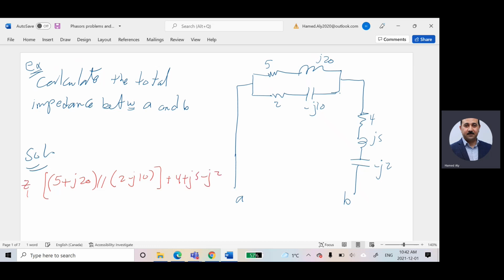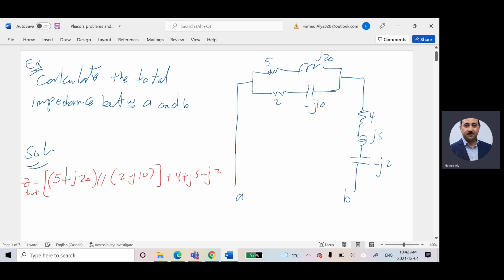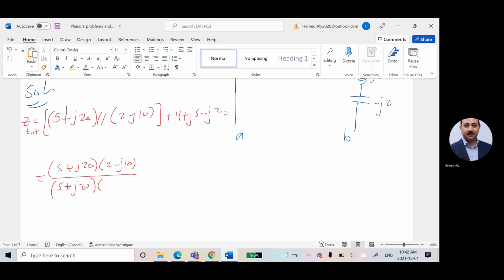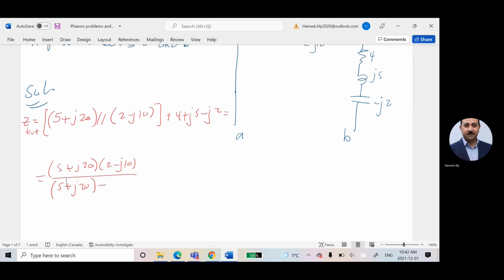This is the total. So this will be equal to 5 plus j20 multiplied by 2 minus j10, divided by 5 plus j20 plus 2 minus j10. And the result of this will be added to 4 plus j5 minus 2, which will be 3.